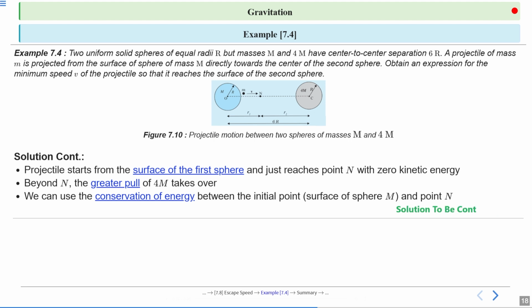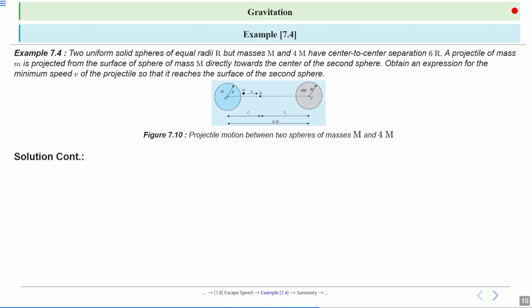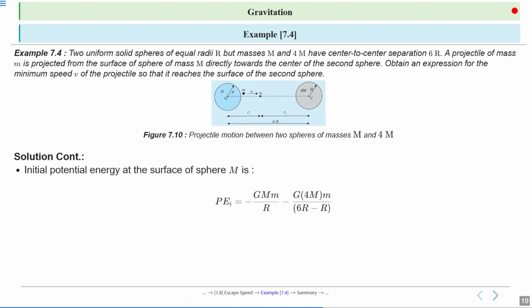Alright, so initial potential energy of the projectile when it's on the surface of the sphere with mass m, the potential energy is given by the formula PE is equal to minus GMm divided by r minus G into 4M into m divided by 6r minus r.